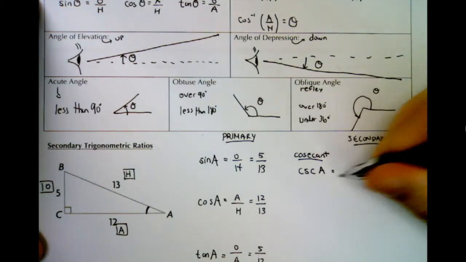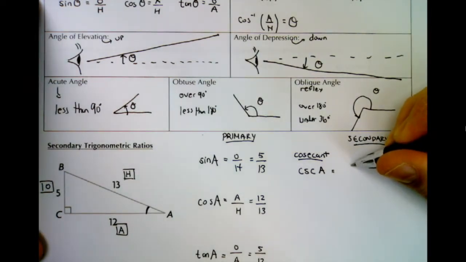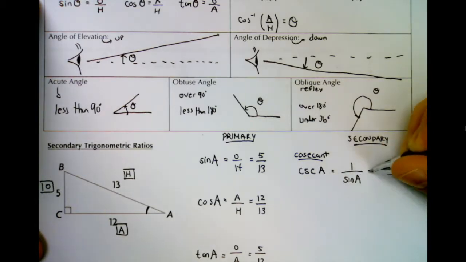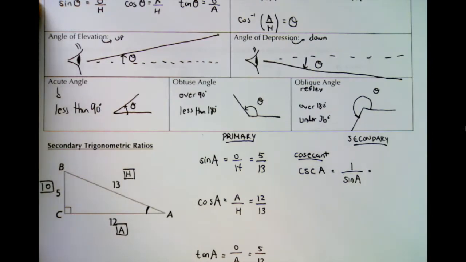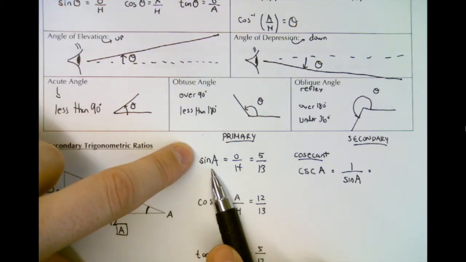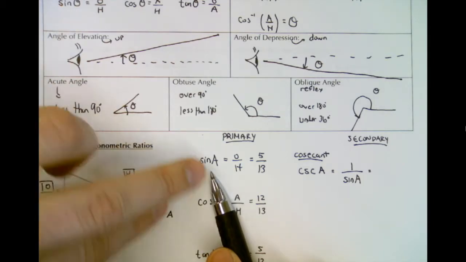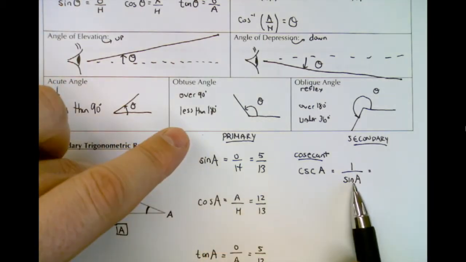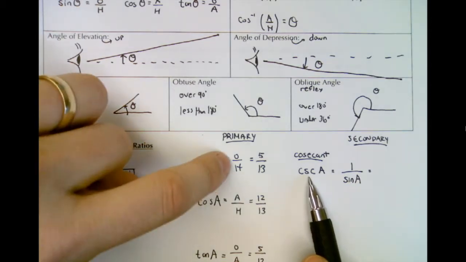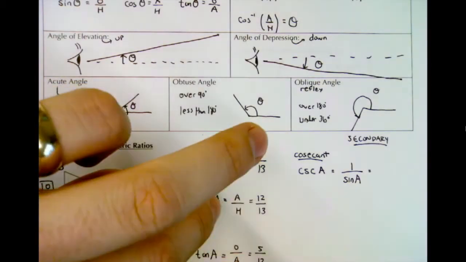cosecant of angle A is the reciprocal of sine, 1 over sine A. Reciprocal means flip the fraction. So sine A is a single term. If you were to write it as a fraction, it would be sine A over 1. If we flip it, it becomes 1 over sine A. Coincidentally, the way we find the cosecant ratio is we take the O over H and we flip it.